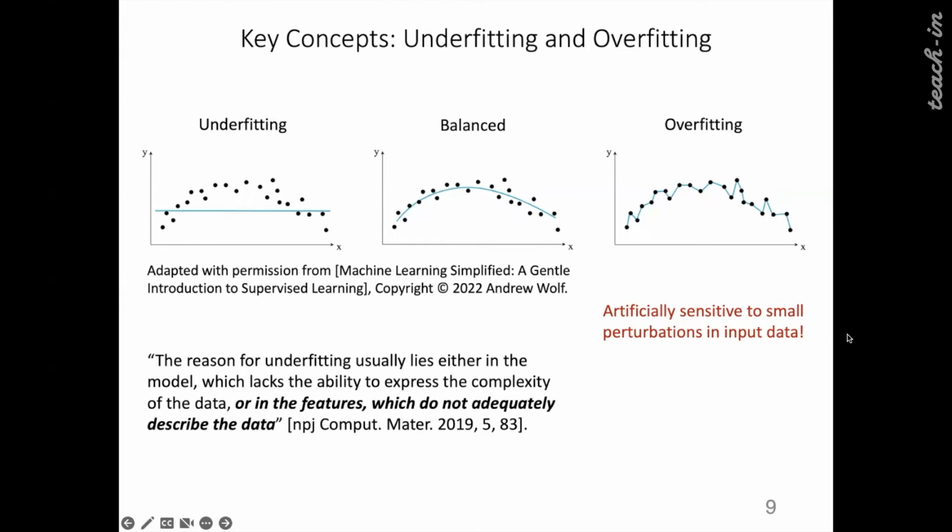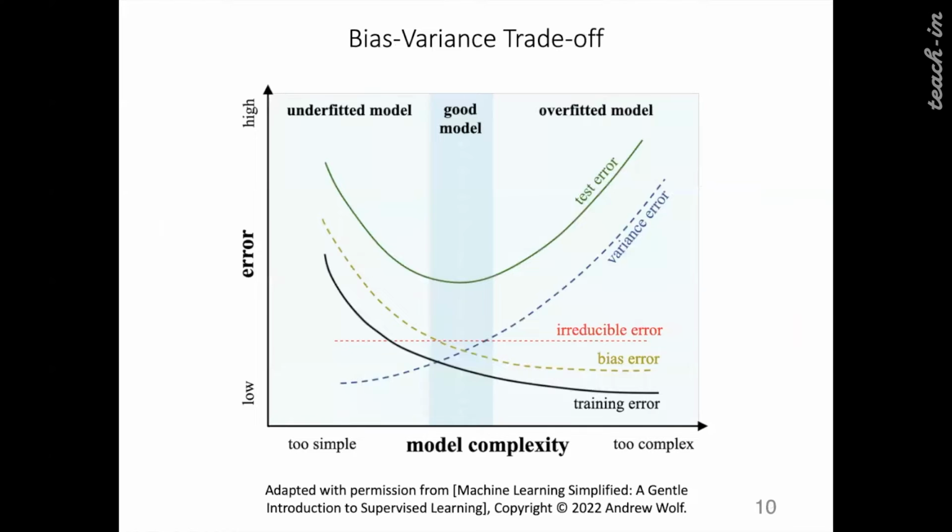And speaking of the balance, we should mention the so-called bias-variance trade-off.